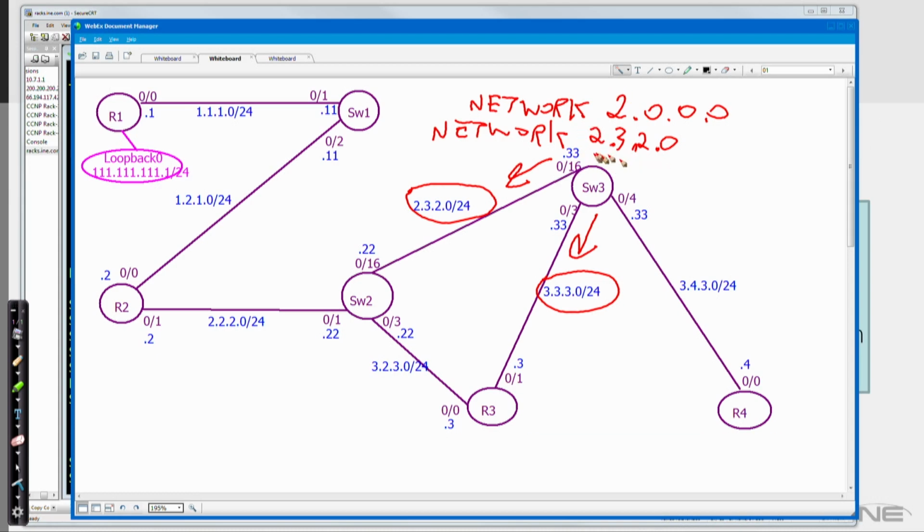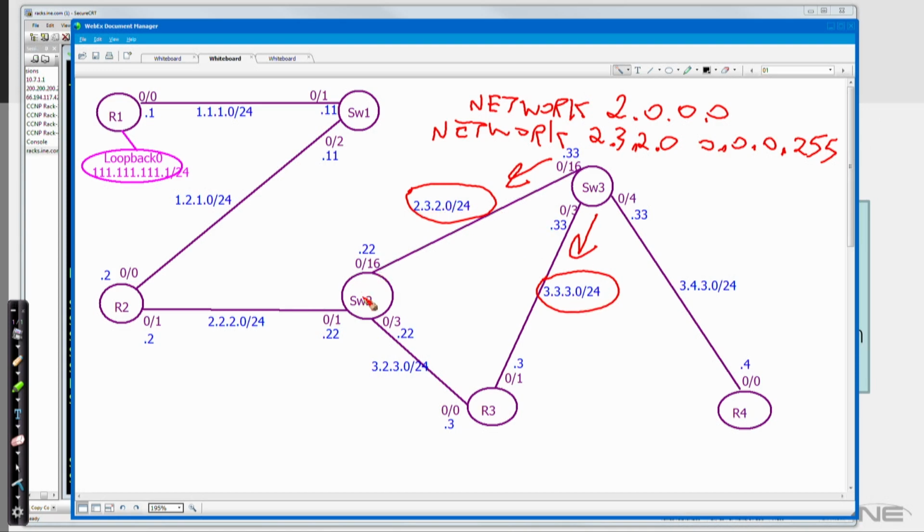So if I actually want to keep this format as it is, I have to put in a wildcard mask. And hopefully you've learned about wildcard masks when you learned about access lists at the ICND1 level. So that's what I'm going to do. On switch 3, I'm going to activate EIGRP on just these two interfaces by specifying these specific networks and including wildcard masks so it keeps those networks just like it is.